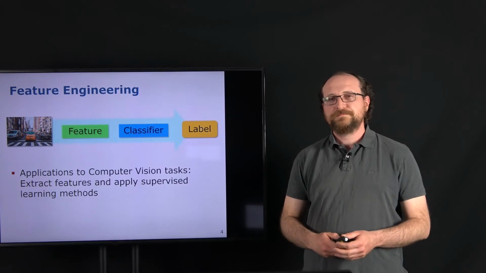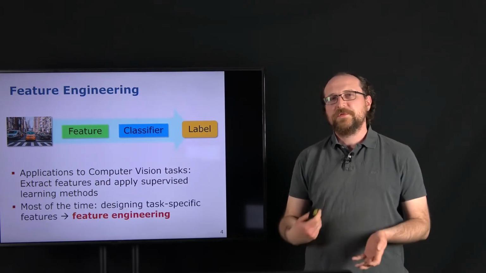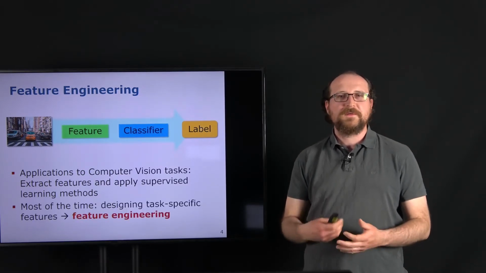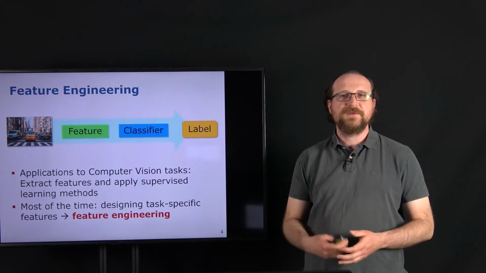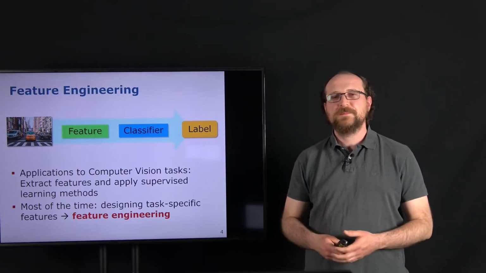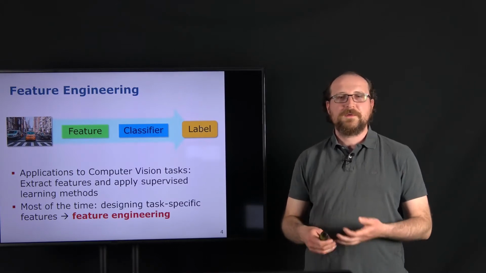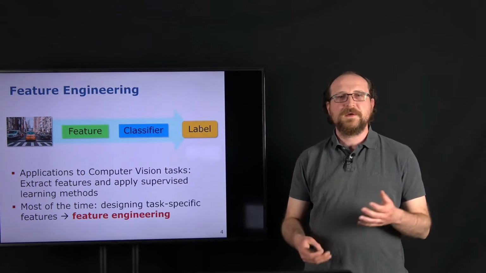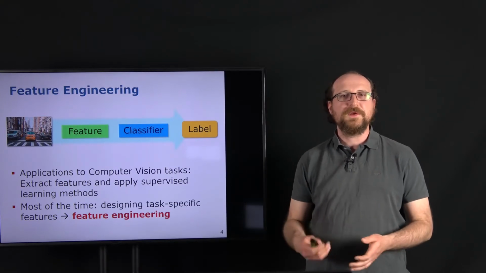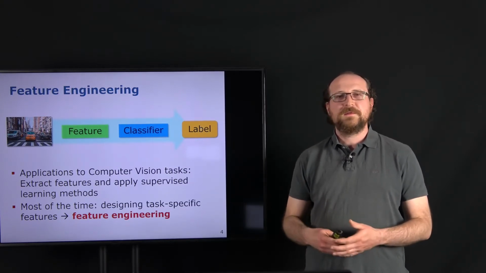And most of the time, the task of the computer vision engineer applying machine learning approaches to images is coming up with some task-specific features. And this is what's called feature engineering. So the main task is to engineer some good features that represent, in the end, the thing that we want to have.